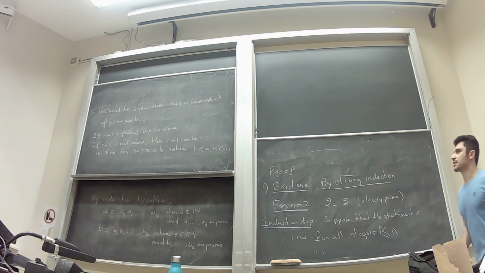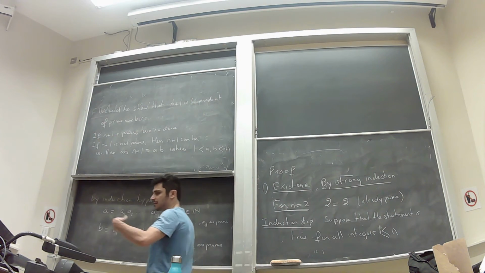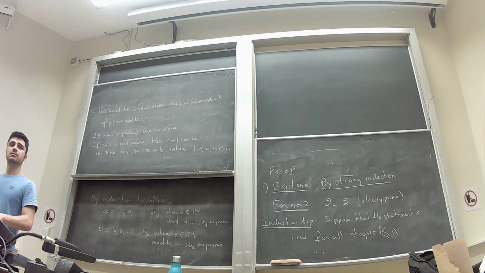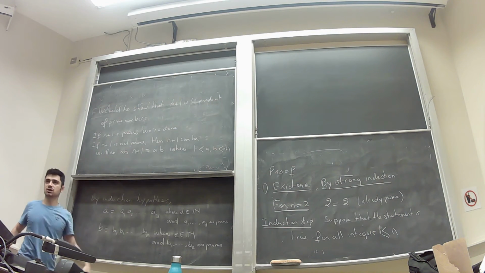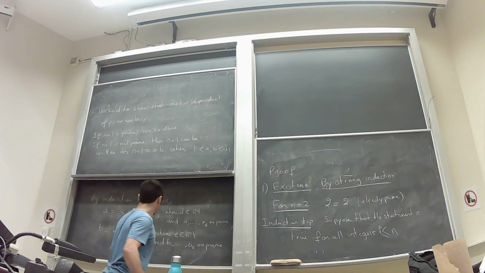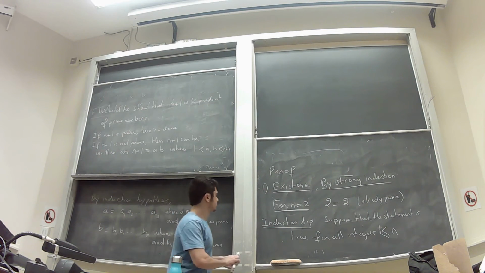Basically, what is it saying? If you have n plus 1, you can break it down into two smaller numbers, right? These two smaller numbers are a product of prime numbers by the induction hypothesis. Agree? So, take the product of these two and rearrange them in ascending order.